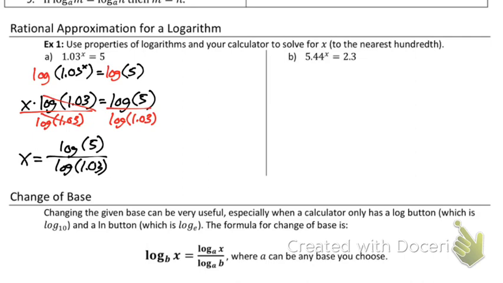Now, any scientific calculator or graphing calculator has a dedicated log button. So now we just do log of 5 in our calculator, divide that by log of 1.03, and if you have a calculator, go ahead and do that. Did I say round to anything? Round to the nearest hundredth. So we're going to have 54.45.